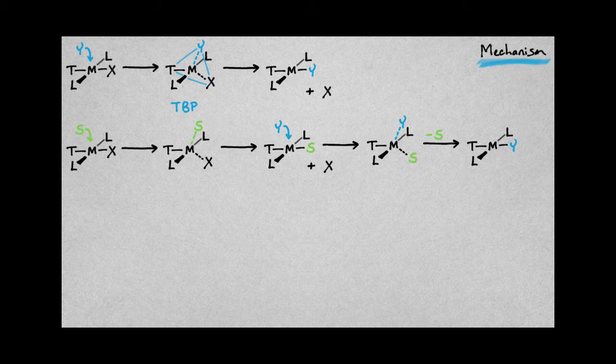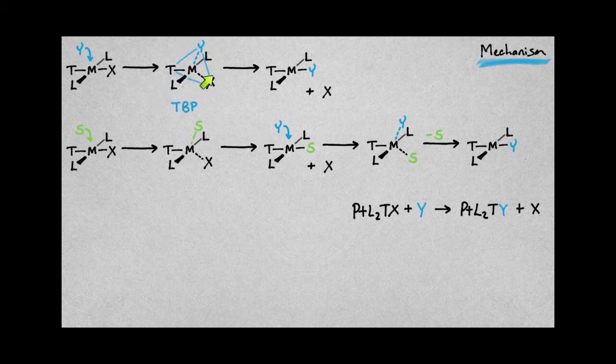Notice that the final result for both pathways is this product in which the incoming ligand Y has substituted for X at the position originally occupied by X. To represent the top mechanism as an elementary one-step reaction, using platinum as our example, we have the complex plus the incoming ligand Y in one step to form our product and the leaving group X. So in other words, this elementary reaction is this pathway.